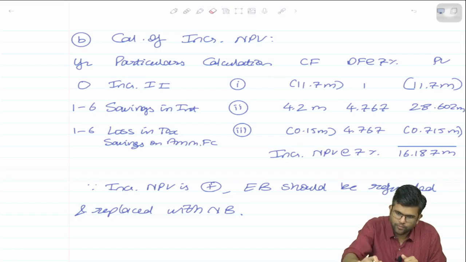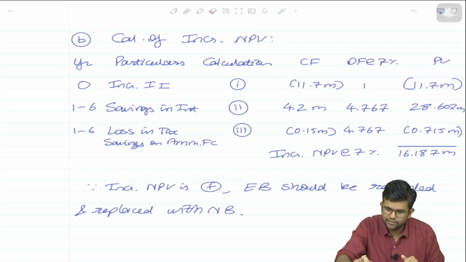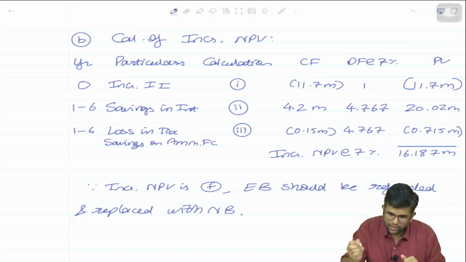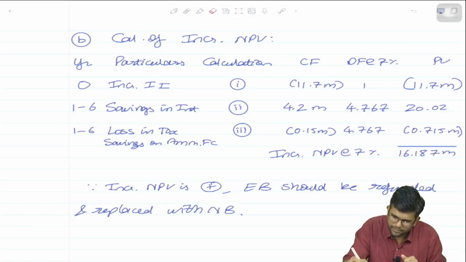So 4.2 into 4.767 is 20.02 million, and I can take 0.021.